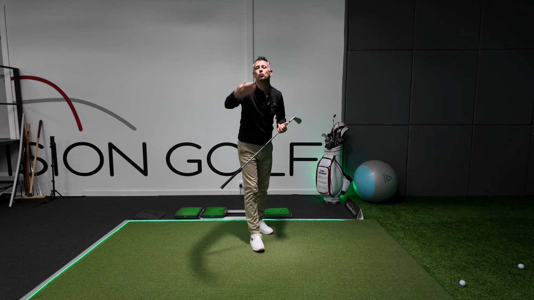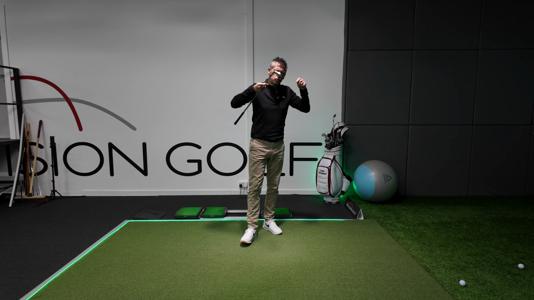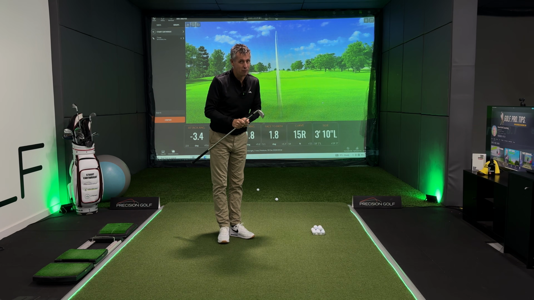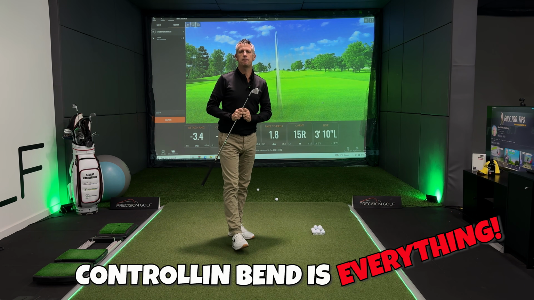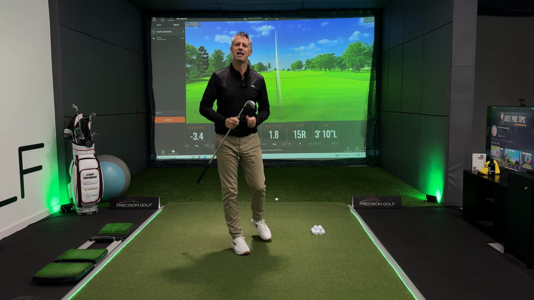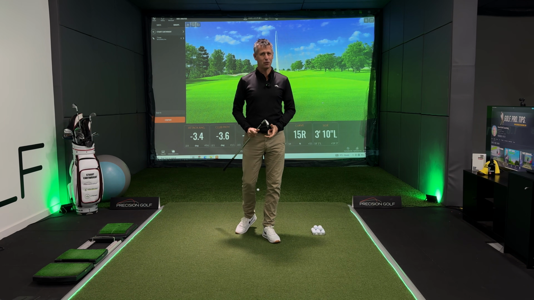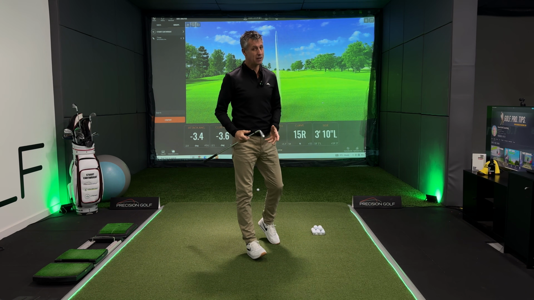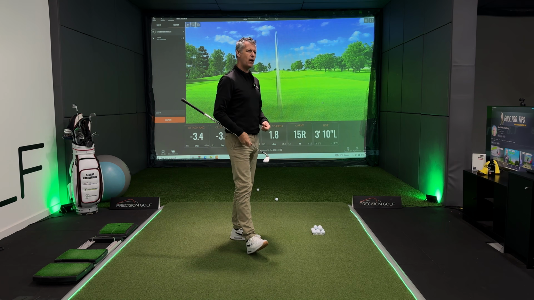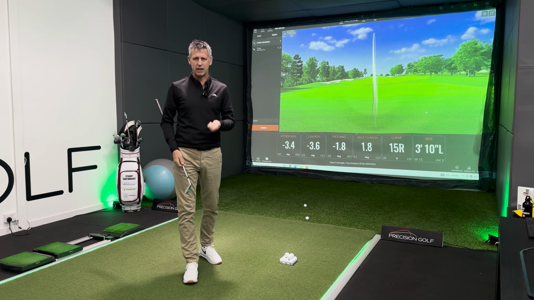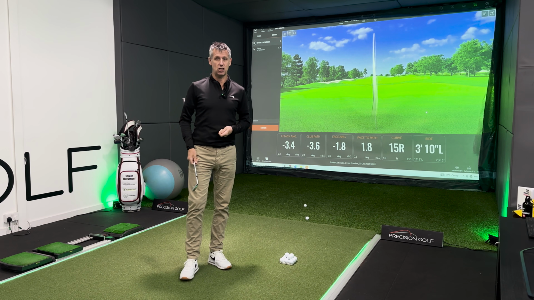The face was open. The crucial aspect of playing this game well, my friends, is controlling the bend in the sky. Now, in yesteryear, it used to be, well, if you're a slicer of the golf ball, you're going to be weak. Well, potentially. Depends how you slice the golf ball. But if you have a fade on the golf ball and it repeats and repeats, man, that is really useful.